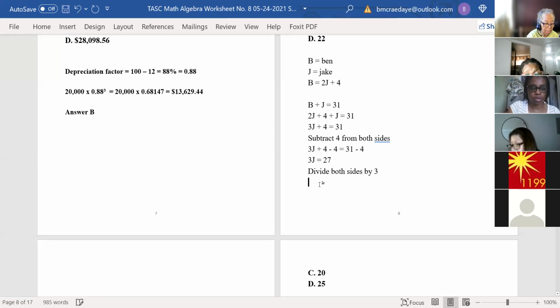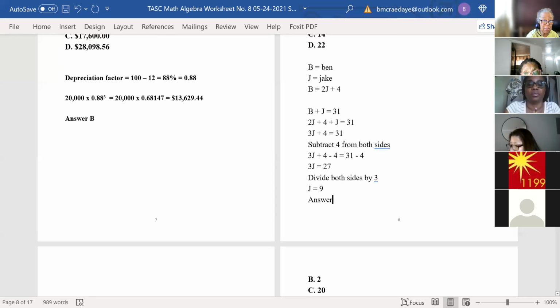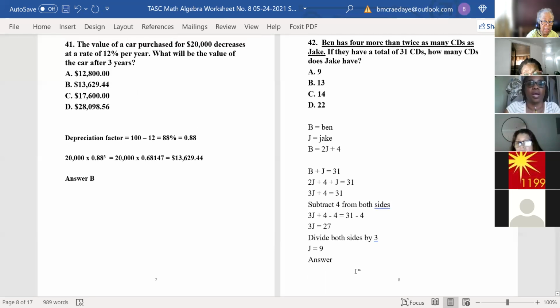So then J is equal to what, Vanessa? 3 into 27 is 9. It's 9, right? And what answer is that? Up here, I think that was A. Yes. Answer A. Okay.